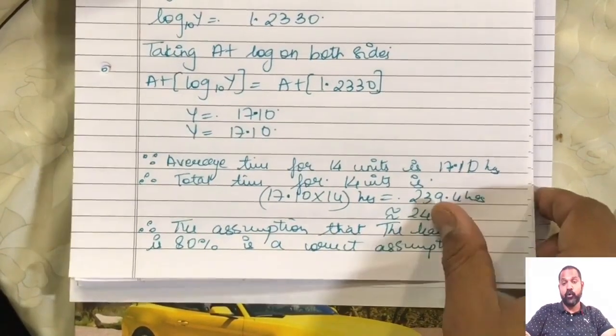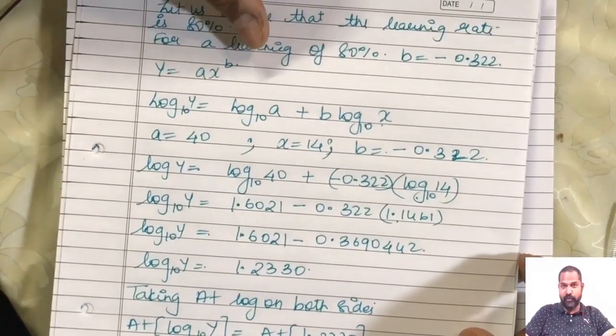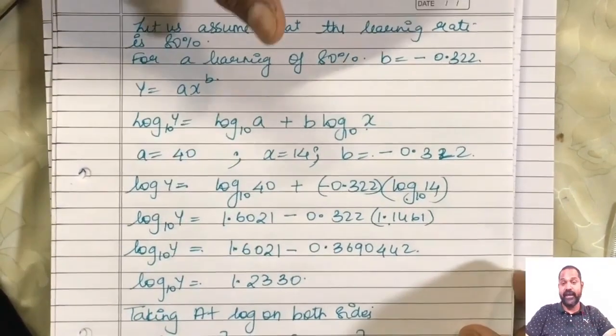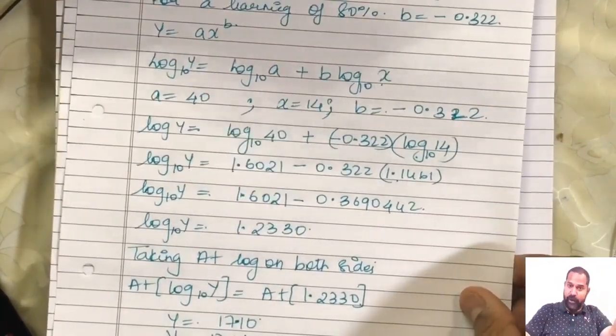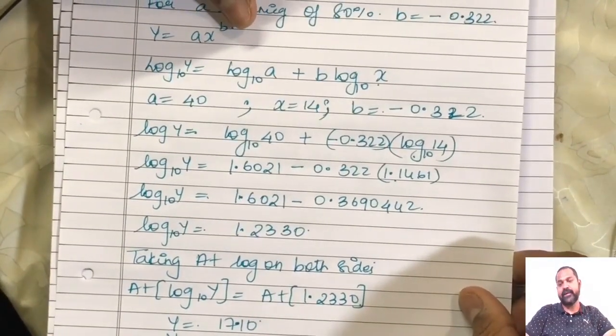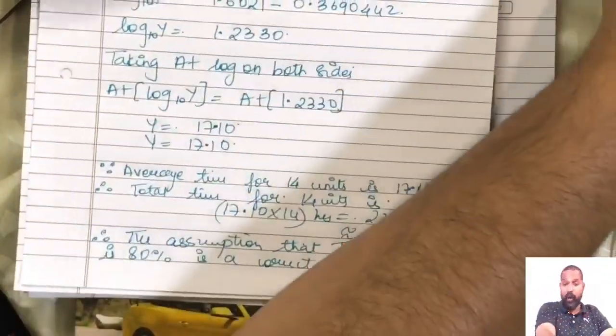And that is how the module does it. They don't find the value, they assume the value, and with the help of the assumed value, they start checking if what they got and what we are getting is the same or not. If it is the same, then the assumption is a correct assumption. That is question number 1.